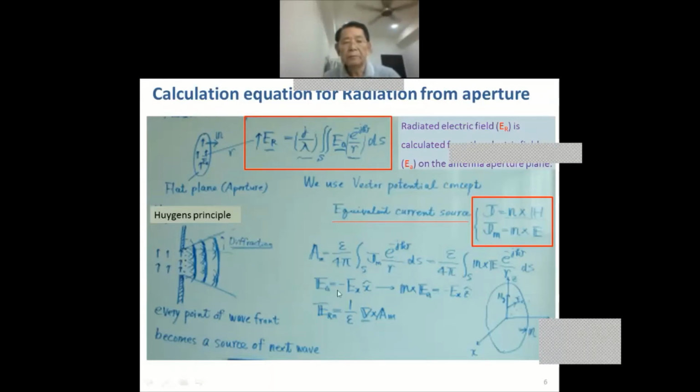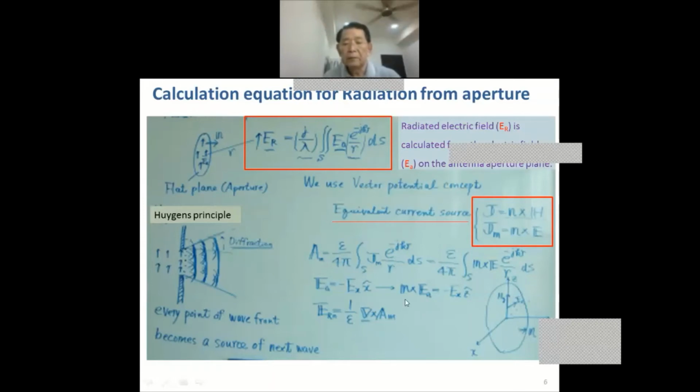And N is the normal vector to the surface.